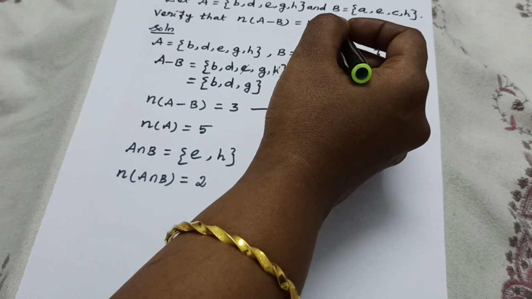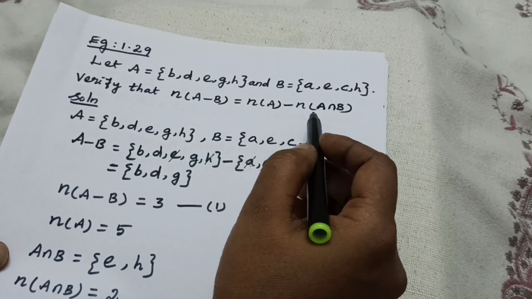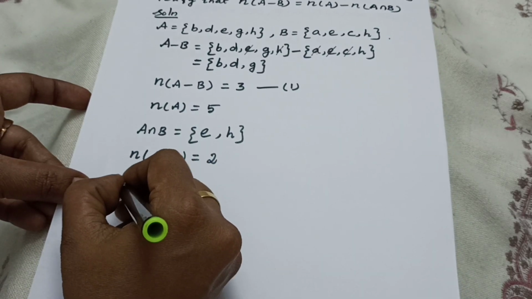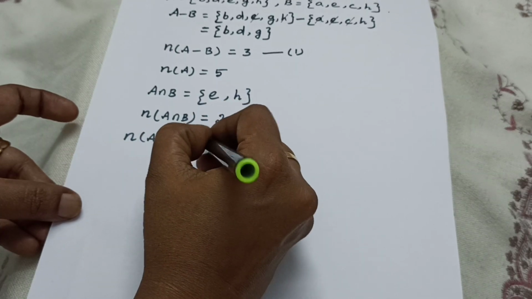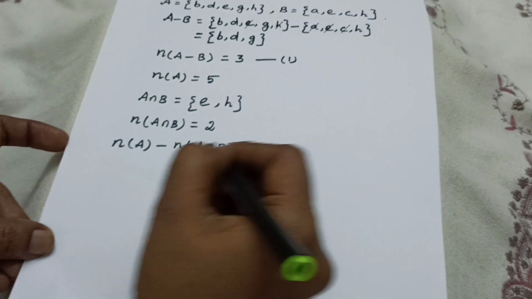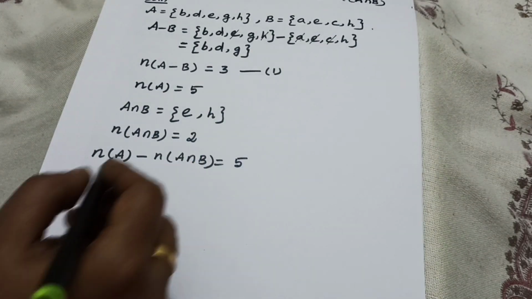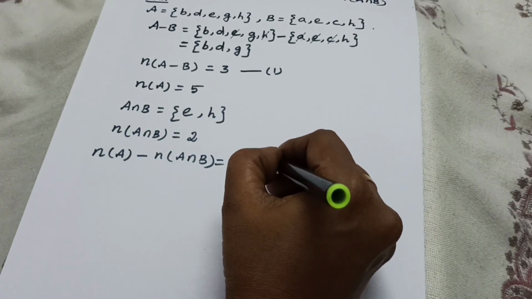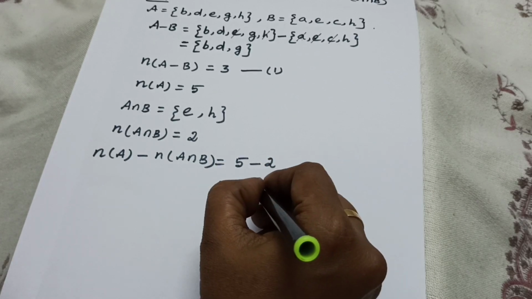Okay. Then right hand side, what is given? n of A minus n of A intersection B, isn't it? So you have to write n of A minus n of A intersection B is equal to n of A, how many elements? 5, isn't it? Minus n of A intersection B is 2. Then equal to 5 minus 2 is 3. Have you understood?